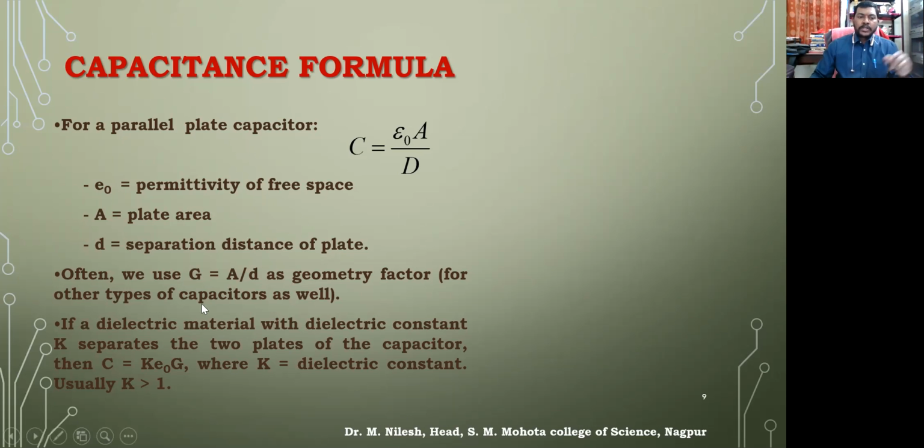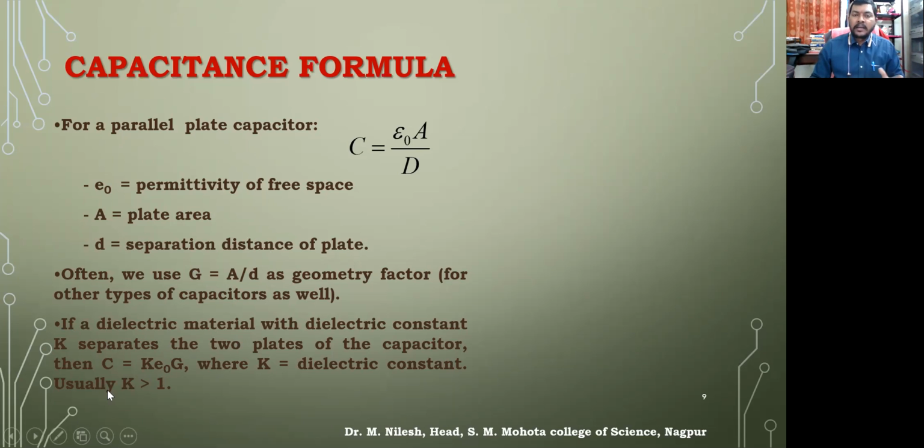So this is the equation, and often we use G, that is A by D, the geometry factor, for other types of capacitors as well, where the area and distance are kept constant. So we take it as G. We can calculate the dielectric of a material by using the proportionality C equals K epsilon 0 G, where K is the dielectric constant.